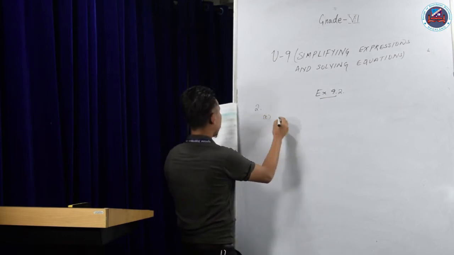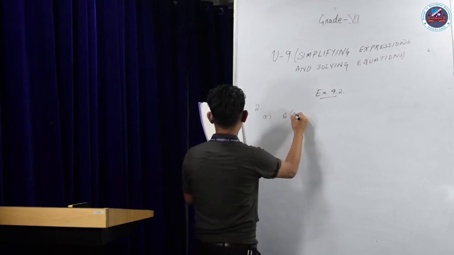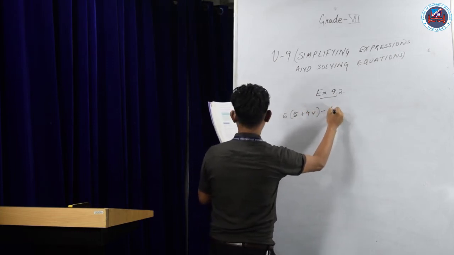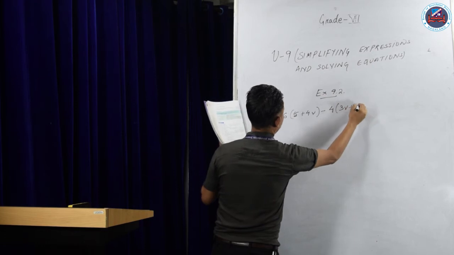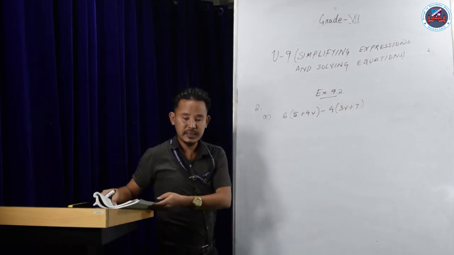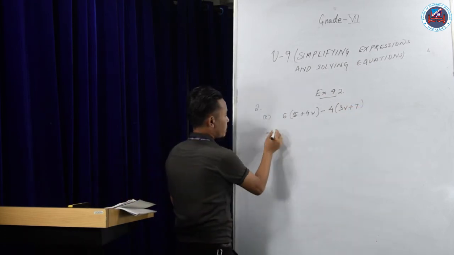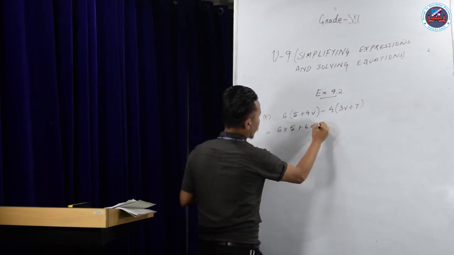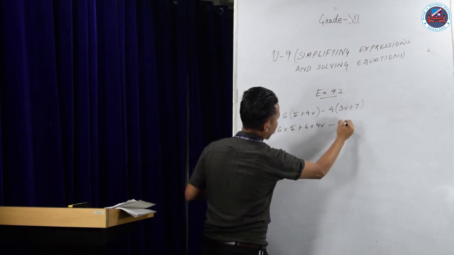Question number E is given here: 6 bracket 5 plus 4v minus 4 bracket 3v plus 7. The same thing, let's remove the bracket. On removing the bracket, we get 6 into 5 plus 6 into 4v minus 4 into 3v.